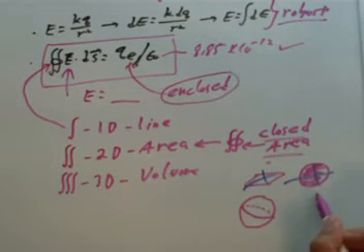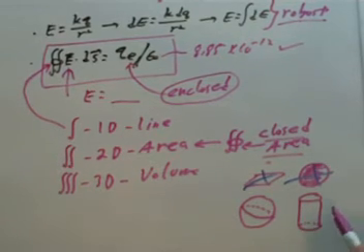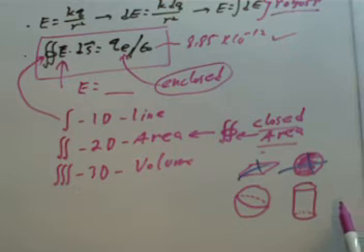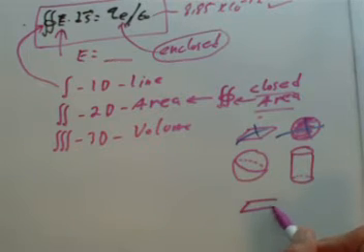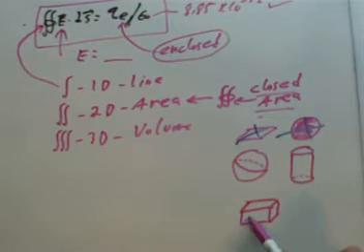The other type of closed area we have is something like a cylinder like this. A cylinder is also a closed area, because there are definitely regions of space that are inside the cylinder. That's what Gauss's law will be concerned with. And there are spaces that are outside the cylinder that we're not going to care about. But the point is that this encloses some space. The last one that you probably will use in Gauss's law is a cube or rectangle like this, which is also an area that has an enclosed space.